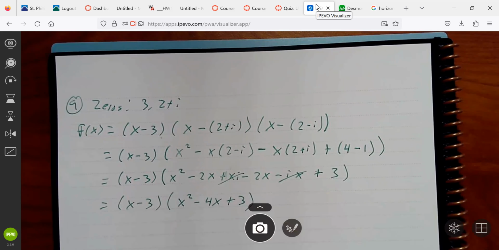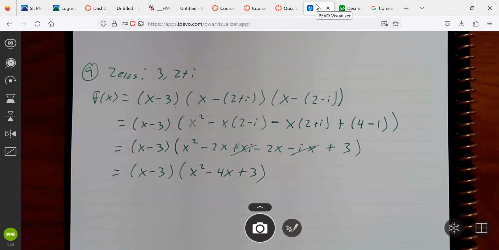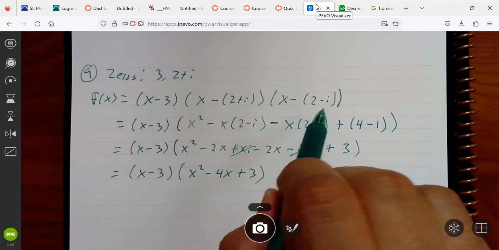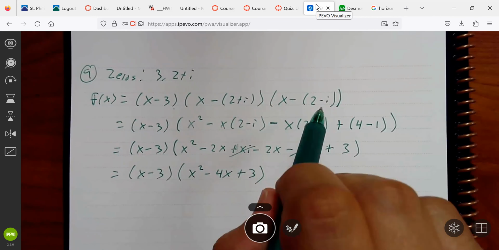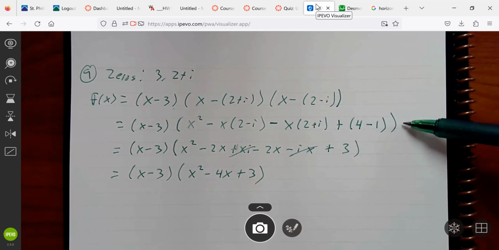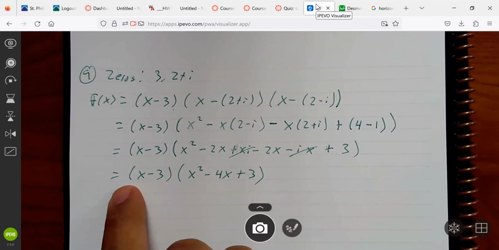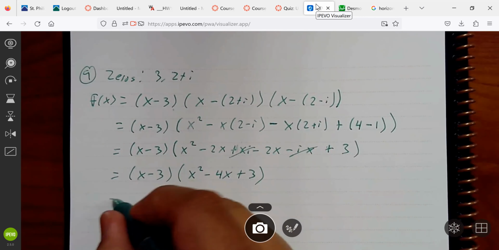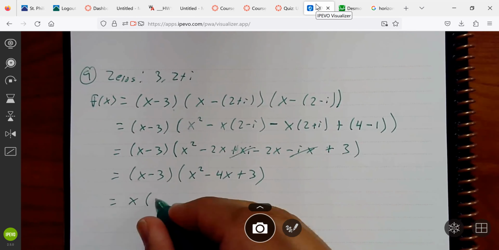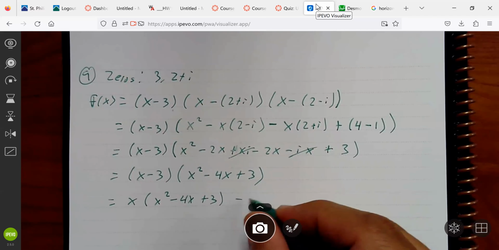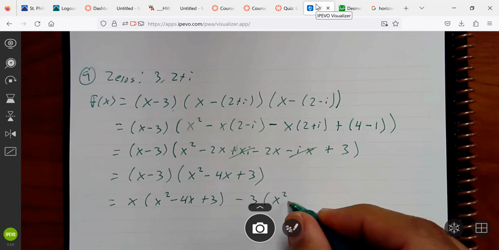Sorry, it's kind of messy there. You could have distributed the minus first and then foiled if that's easier for you. I went ahead and did it as is. I don't know if that's more confusing. But once you get it all down, you'll get to here. Now just distribute x times that whole thing, minus 3 times that whole thing.